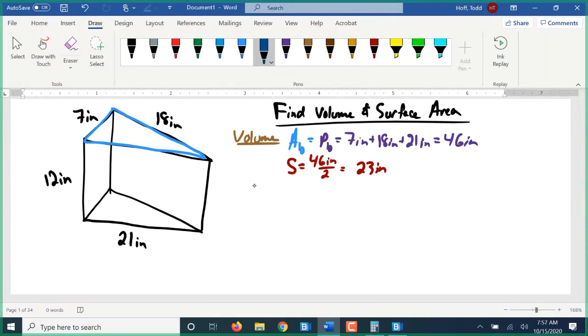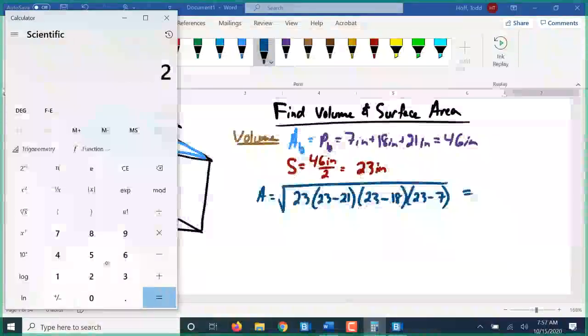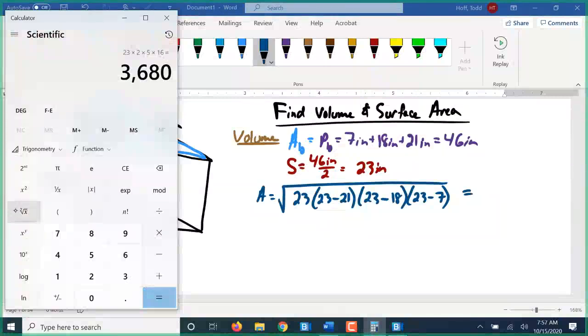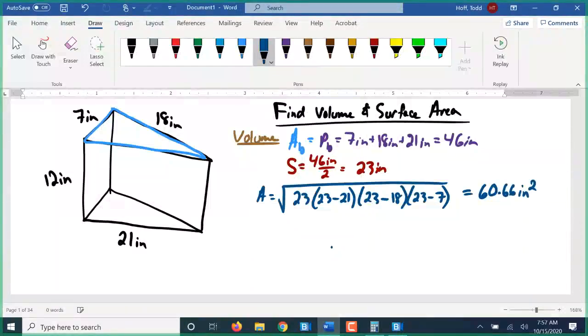So the area is the square root of 23 times 23 minus 21 times 23 minus 18 times 23 minus 7. Heron's formula, if you recall. 23 times 2 times 5 times 16. Square root is 60.66 square inches.